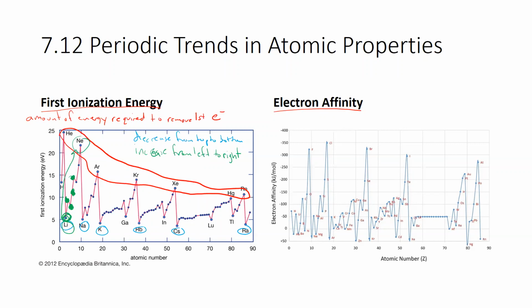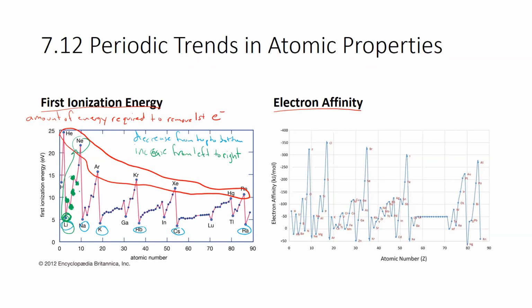All of the p orbitals there have one electron in them. When you get to oxygen, now you have half-filled orbitals, but you also have one filled p orbital, and that's a little easier to pull out that first extra electron beyond the half-filled shells. And so you get that kind of a trend in the ionization energy. Little subtleties across the period, but overall the trend is increasing from left to right across the periodic table. Okay, so that's the first ionization energy.